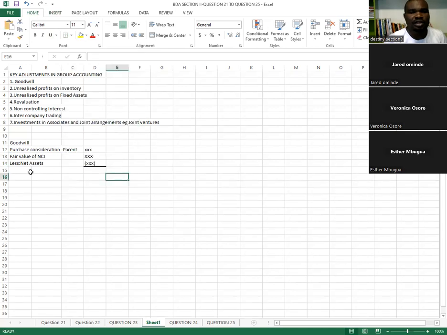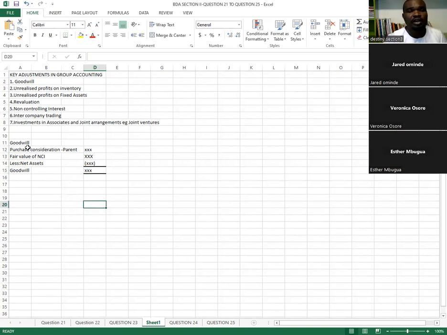So in accounting, that is how we get goodwill. But if the fair value of the minority has not been provided in a question, then you just take the purchase consideration of the parent. Then the net assets you will have to apportion, using the percentage of the parent.